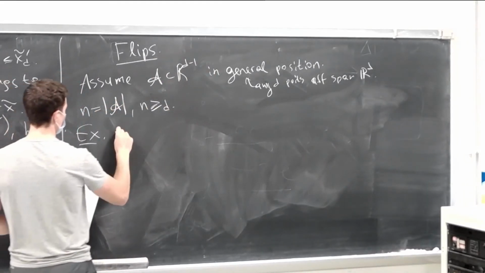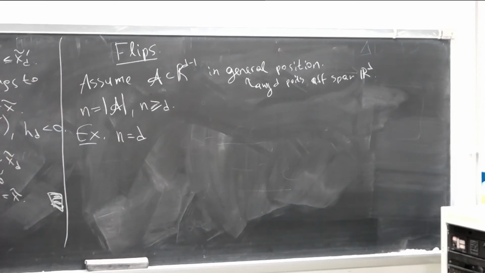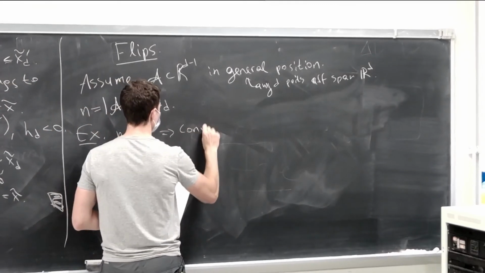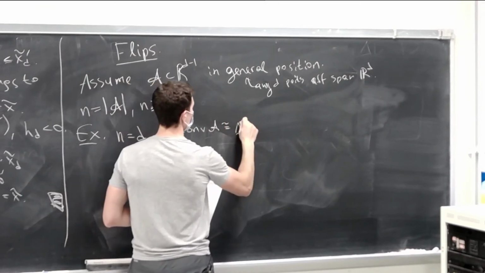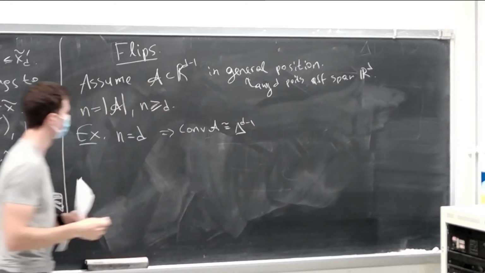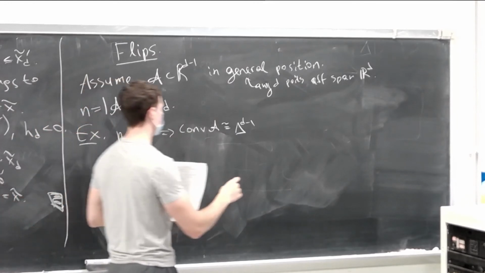So what happens if n is equal to d? The convex hull is a simplex. Nice. Convex hull of A is a (d-1)-dimensional simplex. All right, so this is uninteresting.